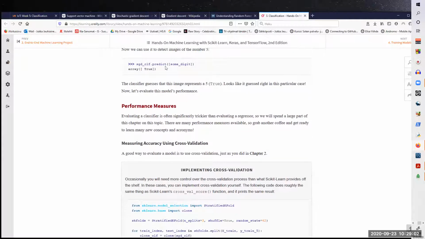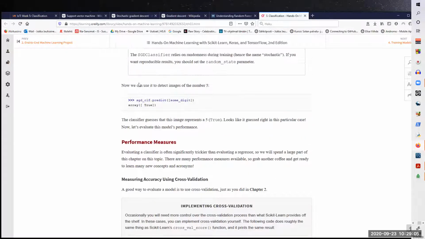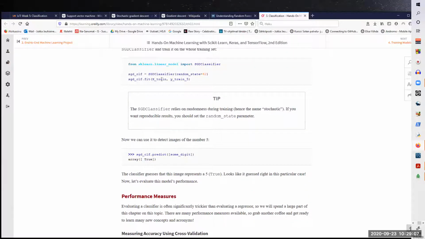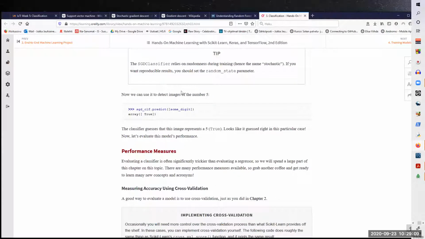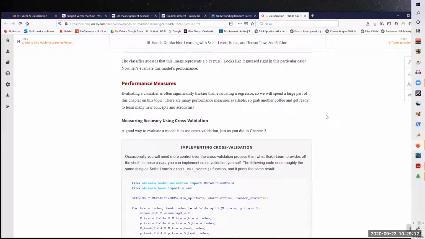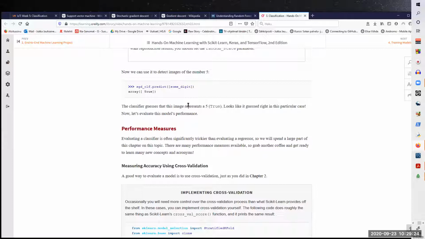Now in this text we are ready to detect images of number 5. If the classifier guesses that this particular image represents a number 5, it gives true.